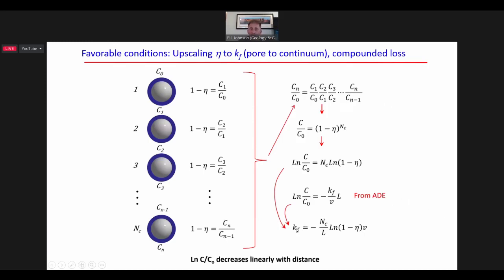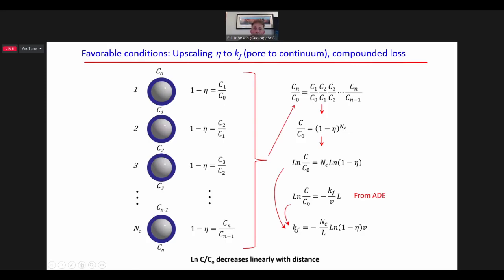That allows us to predict the column scale rate coefficient from the pore scale eta. That's how we do this upscaling to understand these processes. So we can make simulations at the pore scale to get eta, and then make a prediction of column scale transport by the KF that we calculate.